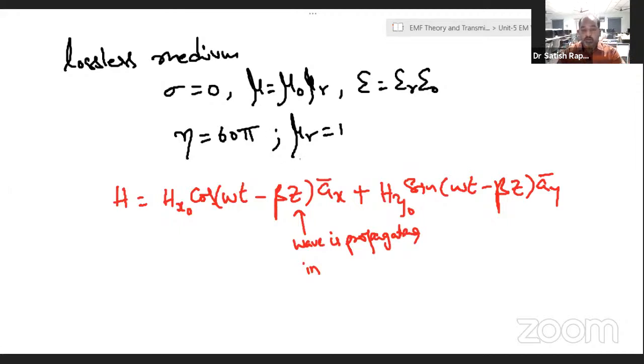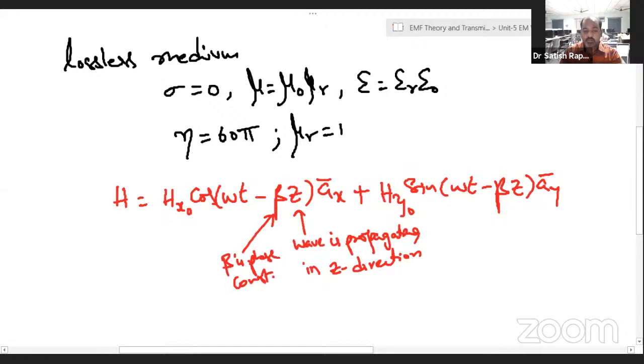So the wave is propagating in the z direction, and beta is the phase constant. In fact gamma is alpha plus j beta.